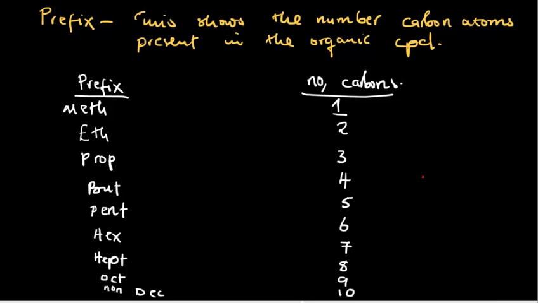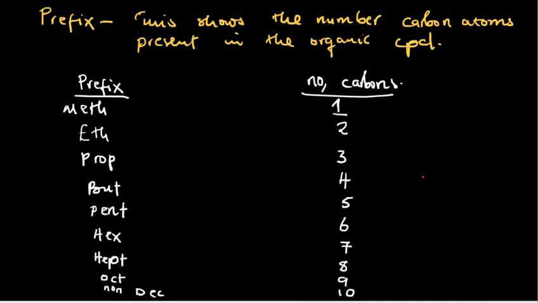If it starts with prop, just know that it has three carbon atoms. If it starts with hex, like hexanol, hexane, all those starting with hex have six carbon atoms.